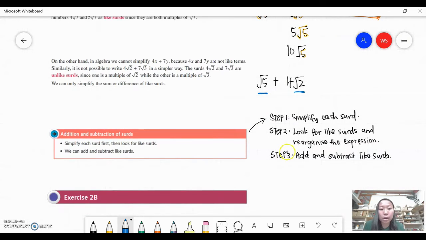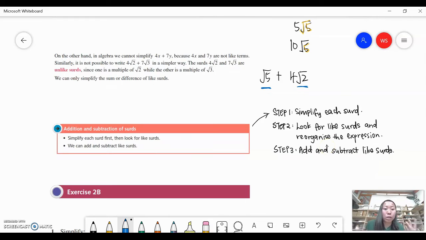So I've jotted down a couple of steps here just to take you through the questions that you have under exercise 2B. Right, so in summary, you know what like surds are. So the first step, whenever you have addition and subtraction of surds, firstly, simplify each surd. So what I mean by simplify, you do need to ensure that your perfect squares are all outside the square root in itself, right?